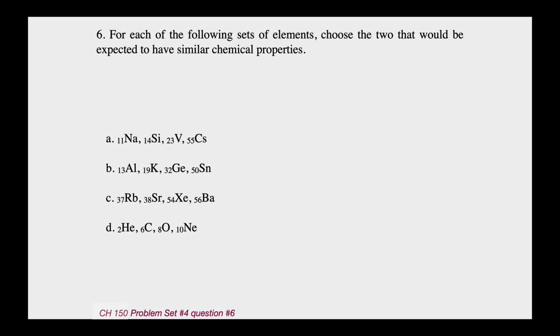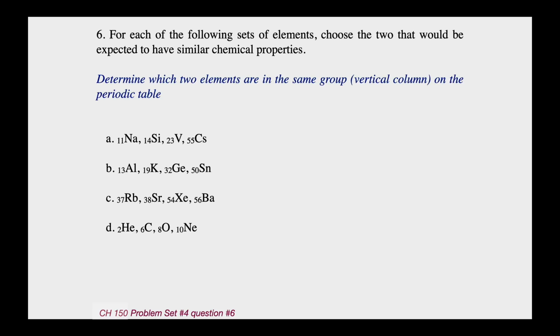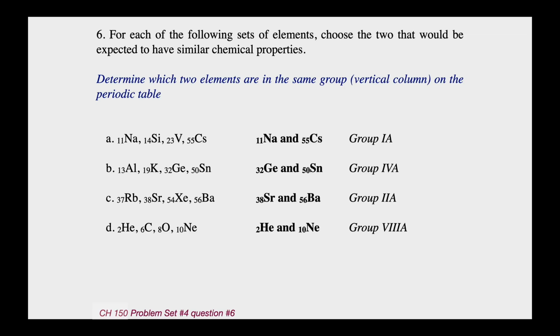So for example, on the first one, sodium and cesium, Na and Cs, are both group 1A metals. So we would expect those 2 to have similar properties. Again, we're going to look at the same group, the same vertical column on the periodic table, and definitely the first 2 are in group 1A. The other ones are a similar kind of thing. On the second one, germanium and tin, Ge and Sn, are both group 4A.